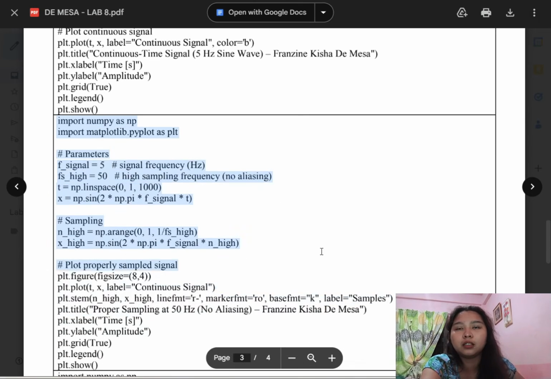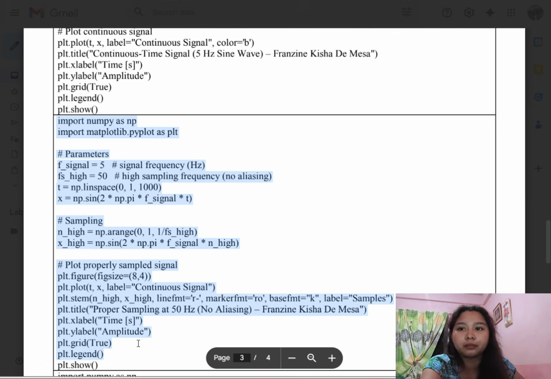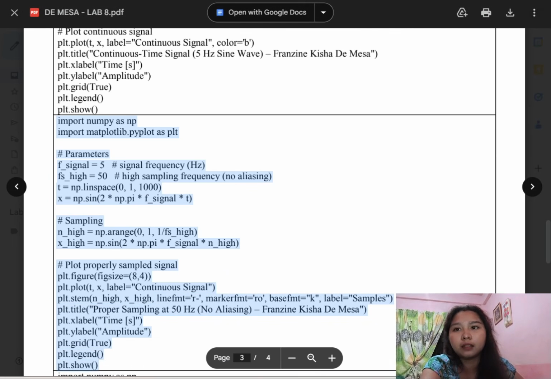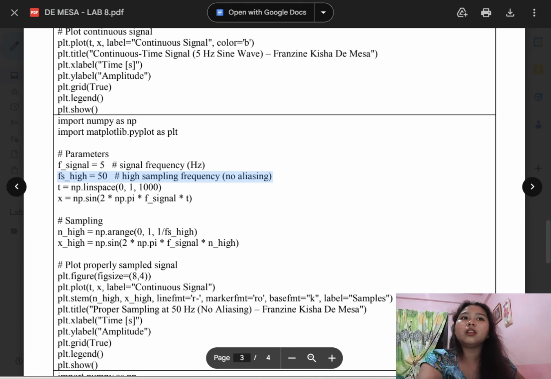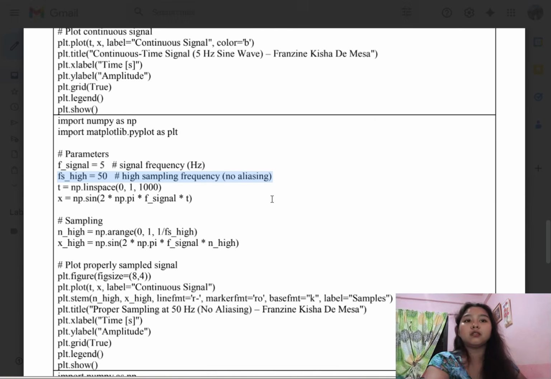Let's move on to the second part, which is the second activity. We use a sampling frequency of 50 hertz, which is much higher than twice our signal frequency. Here, fs high is 50, and since 50 is greater than 2 times 5, it satisfies the Nyquist rate.